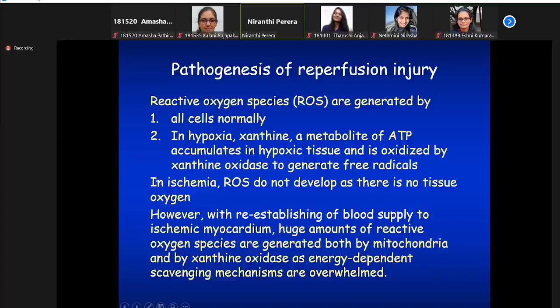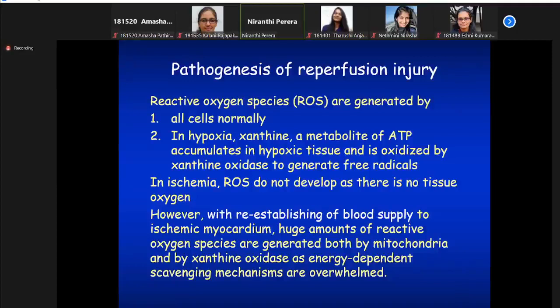Now, when you have ischemia, initially ROS, these reactive oxygen species, free radicals, do not develop because there is no tissue oxygen, because the blood supply is totally cut off. However, when you re-establish the blood supply to the ischemic myocardium, huge amounts of reactive oxygen species are generated, both by mitochondria and this xanthine oxidase.